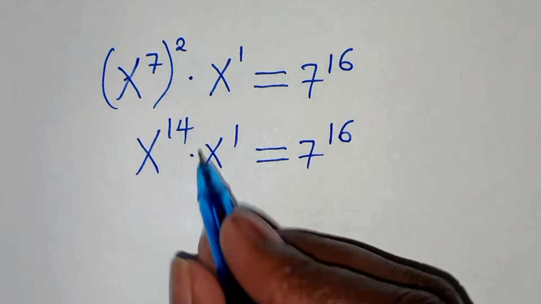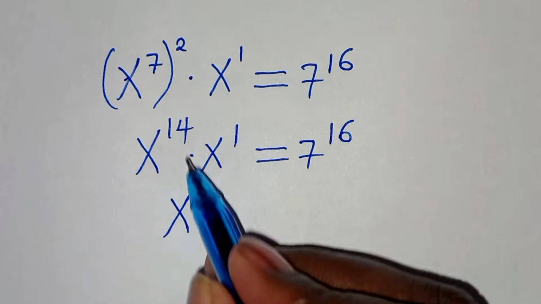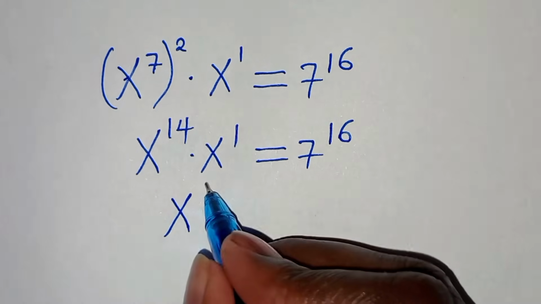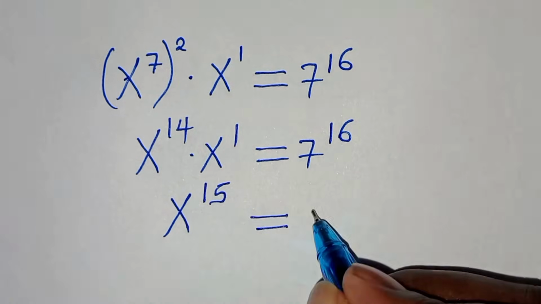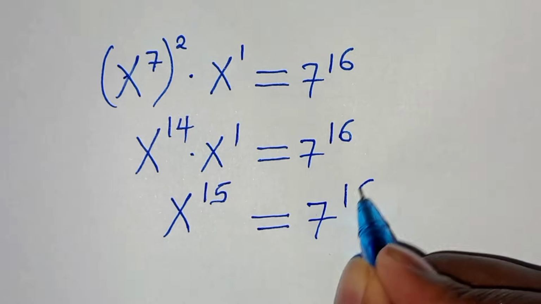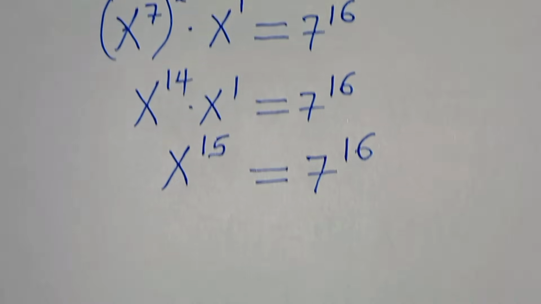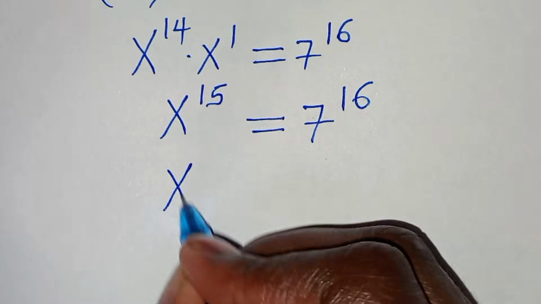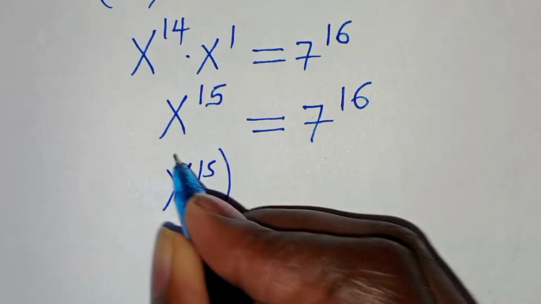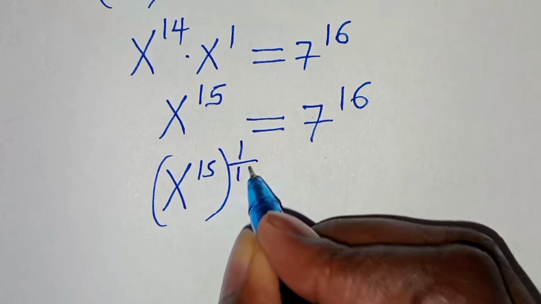Now we have this as x to the power of 14 plus 1. This is 15, so this is x to the power of 15, equal to 7 to the power of 16. Now, for x here, let's multiply on both sides by 1 over 15.